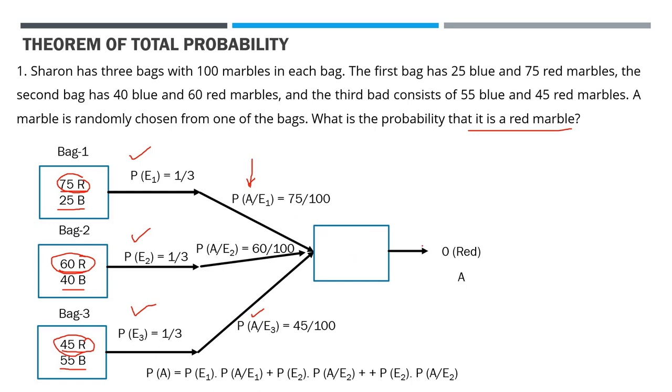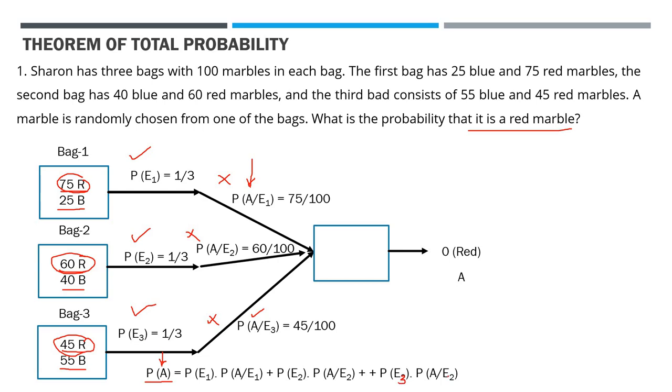Now we will find the probability that the selected marble is a red marble, out of the three bags. P(A) is P(E1) multiplied by P(A|E1), then P(E2) multiplied by P(A|E2), and P(E3) multiplied by P(A|E3).